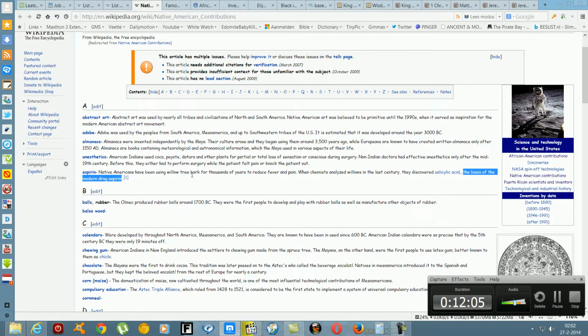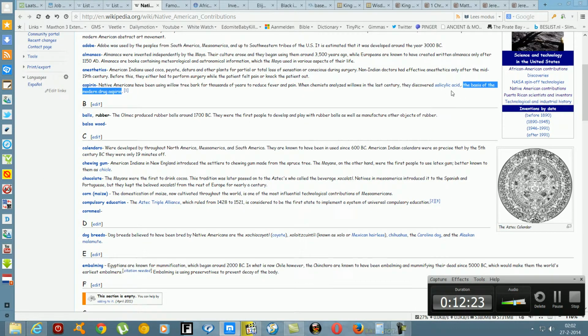You can just take the willow tree bark and cook it in water, and make the stuff of the tree bark come into the water, and then you drink it.